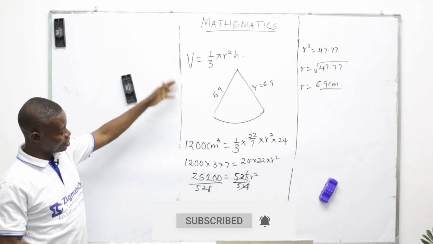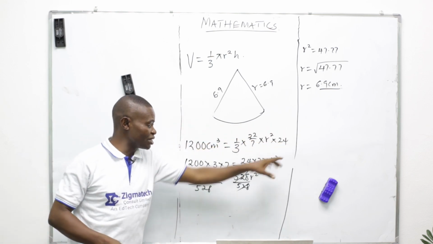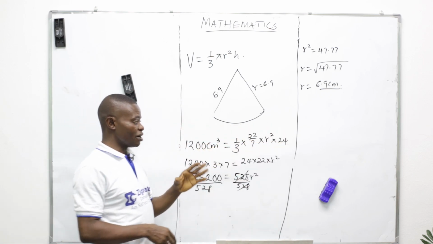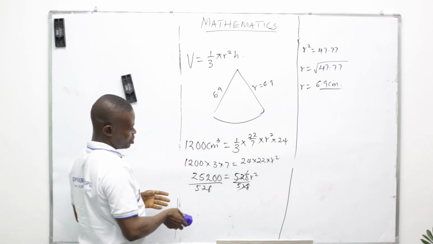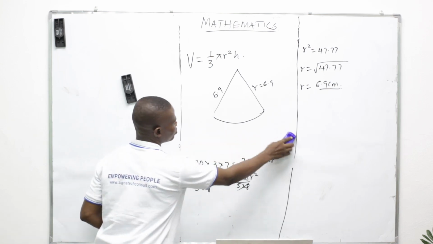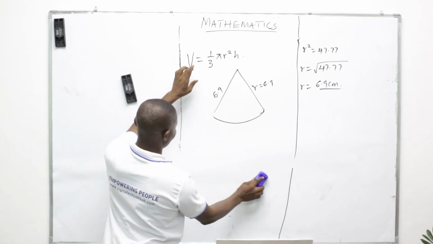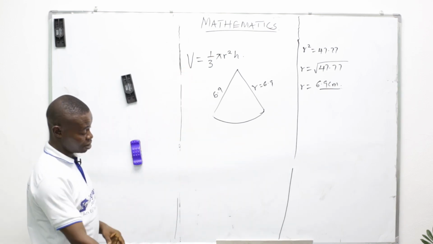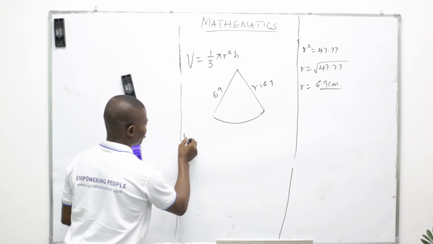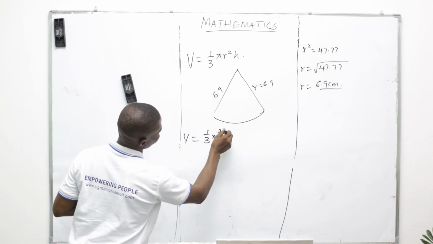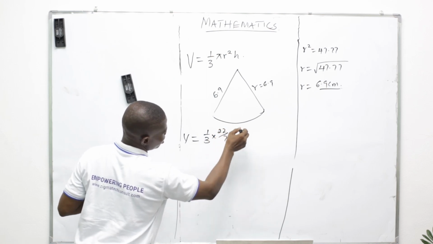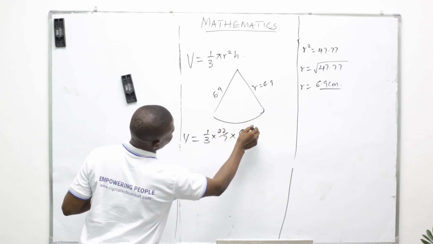The formula is a constant, but this presentation pattern will differ by the number, because here we are interested in volume. Now, wiping this formula already written, you have to say that V equals 1 all over 3 multiplied by 22 over 7 times who? Already, just remember we have it now. Times who?